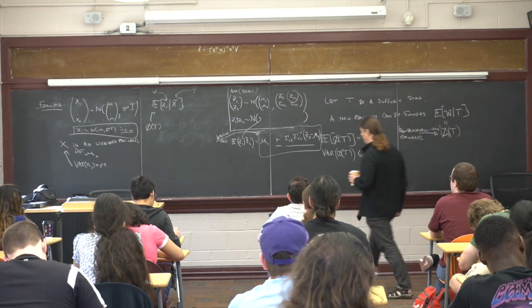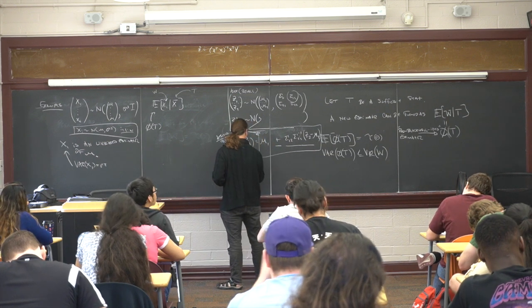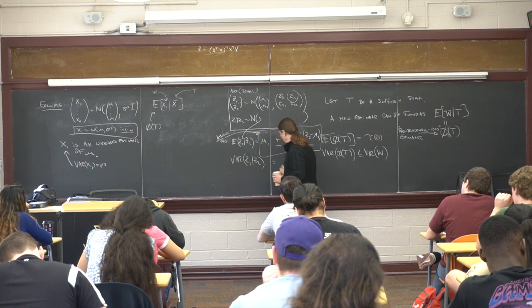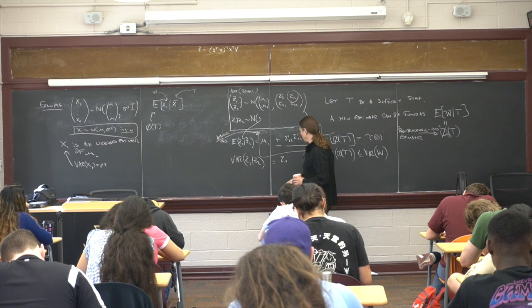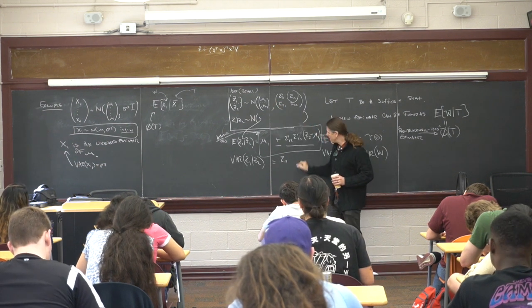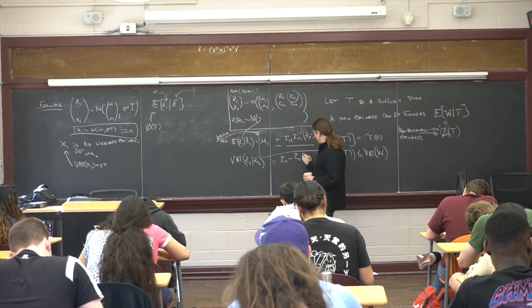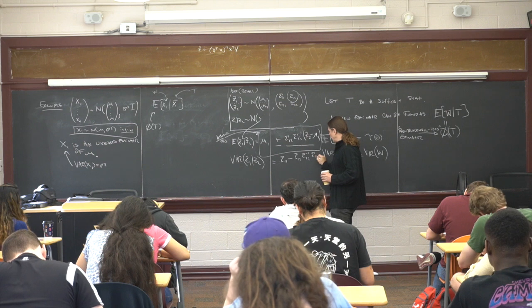So this is just a basic property of multivariate normals. The variance of Z1 given Z2 is equal to sigma 1,1. That part's easy to think about. Minus sigma 1,2, sigma 2,2 inverse, and sigma 2,1.